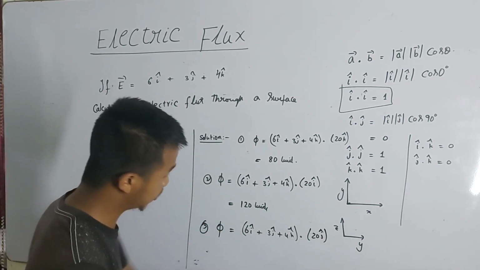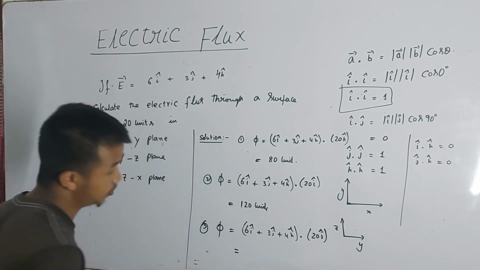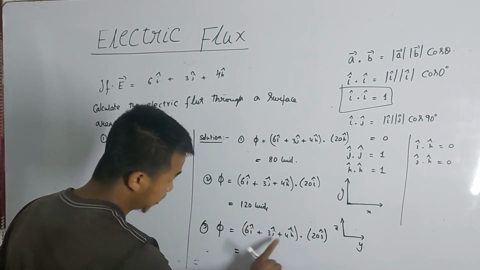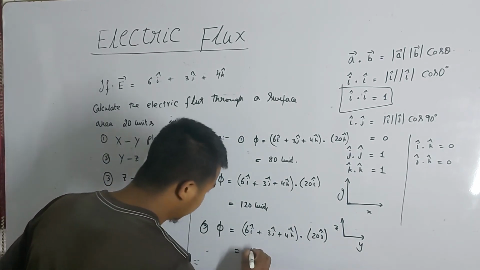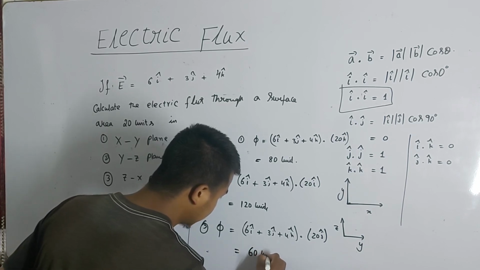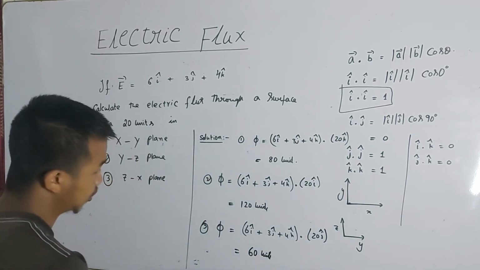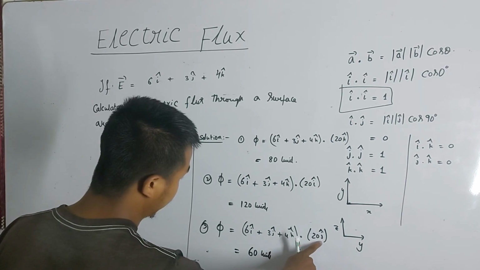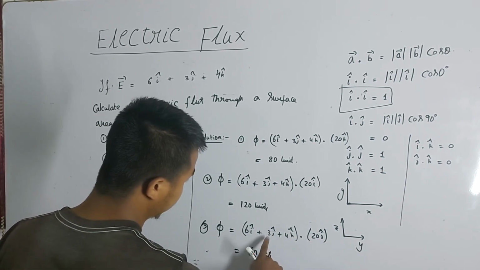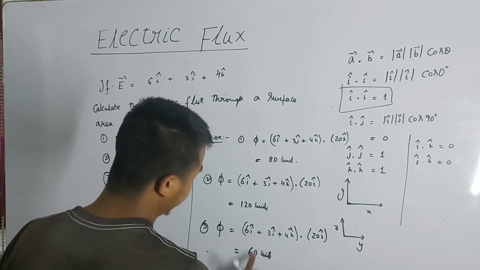So i dot j equals 0, j dot j equals 1, k dot j equals 0. Therefore 3 into 20 becomes 60 units.